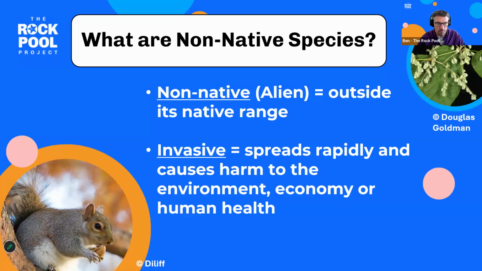That's a very well-known invasive species that's come across from North America, which people are doing all sorts of things to try and control here in the UK, and they do have a negative impact on our native wildlife. The red squirrels have been outcompeted by the grey squirrels in many parts of the country, and that's one of the main reasons why people try to control their numbers and get rid of them if they can.